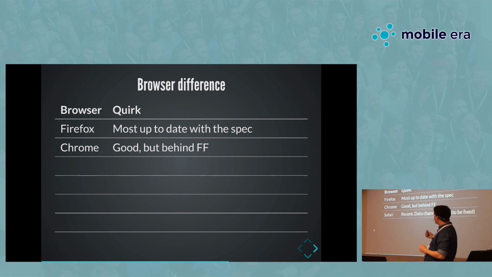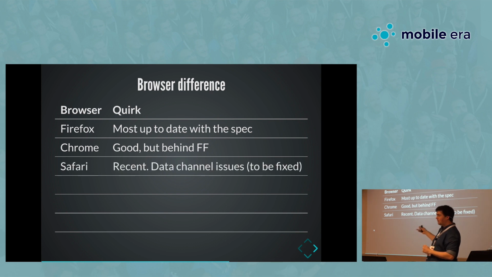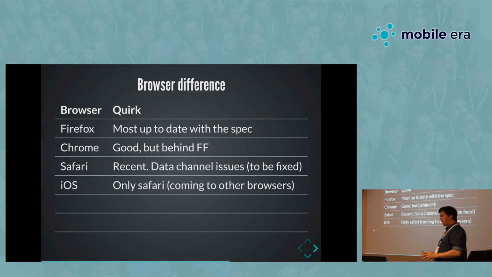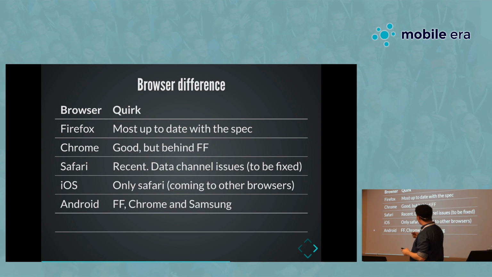And we talked about Safari. It's recent, it has some issues, but they're either fixed or going to be fixed. But of course, if you're trying to use it, you might experience some troubles at points. And on iOS, it's only in Safari for now. But on Android, it's really great. Like with Firefox, Chrome, the Samsung browser, all the major players have it, and the rest will probably get it soon.